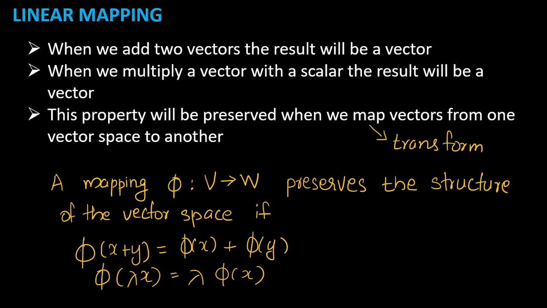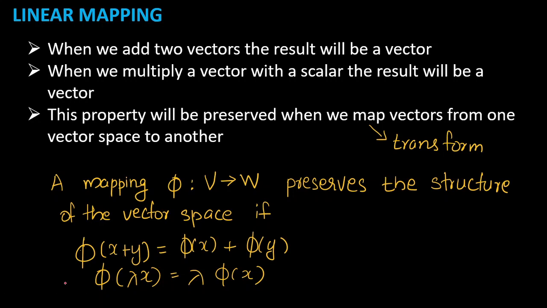The left hand side, phi of x plus y, means the vector x plus y is transformed to the new vector in W. That is equivalent to independently mapping x and y to W and then taking the sum of those transformed vectors. So these two should be the same. In short, the vector addition property should be preserved in both vector spaces.